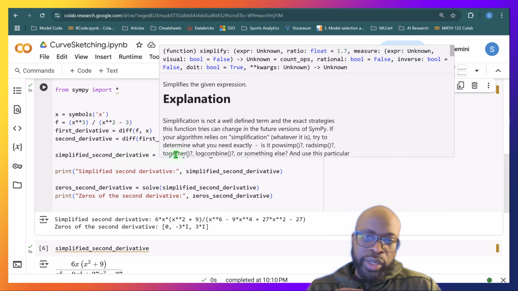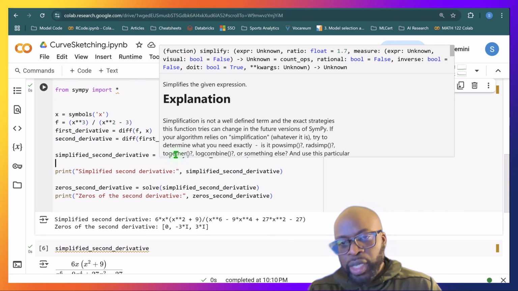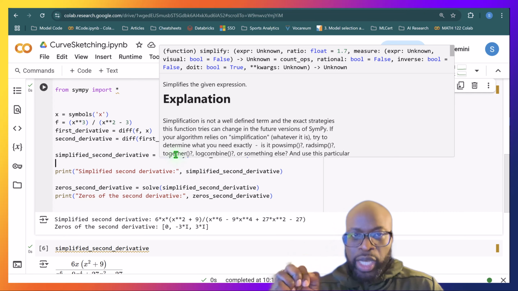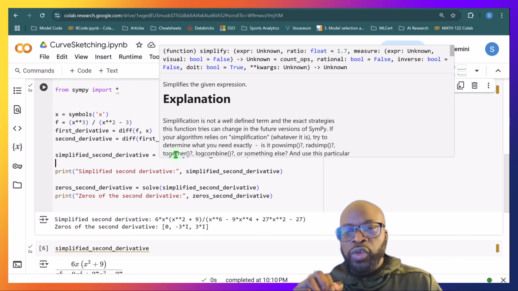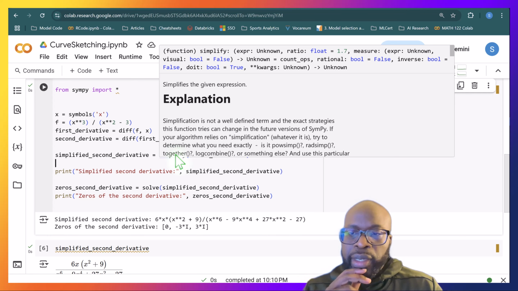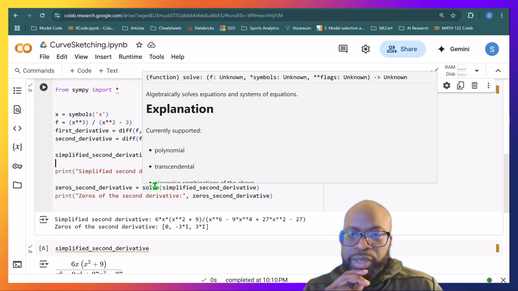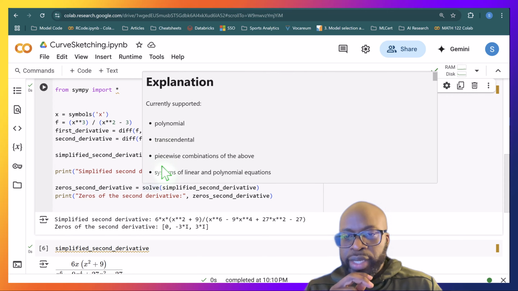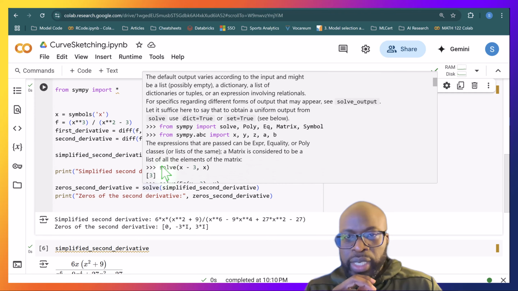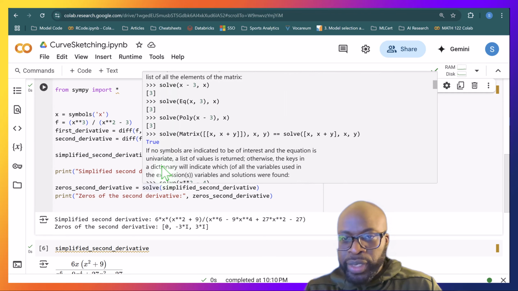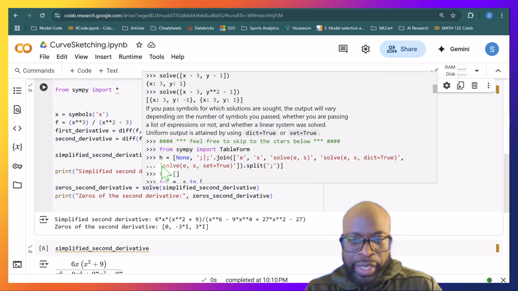Simplify was what we use to be able to put things in terms of how we wrote it. Which when you're doing it by hand is what helps you find your zeros much more readily, okay? And then solve helped us find the zeros, okay? And so this right here is just a documentation, really helpful. You see some examples of how to do it. So really helpful in terms of learning how to code.